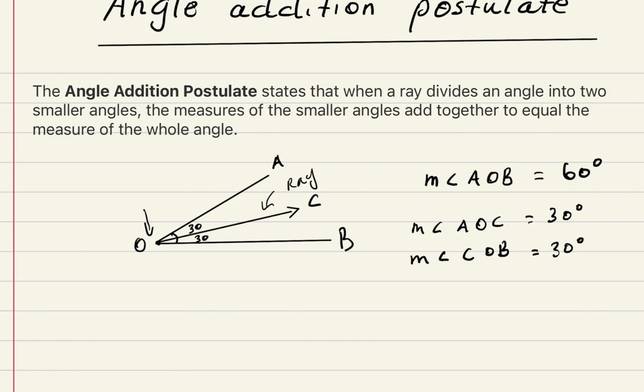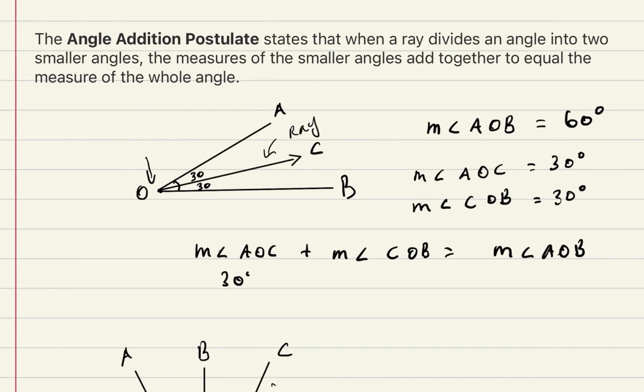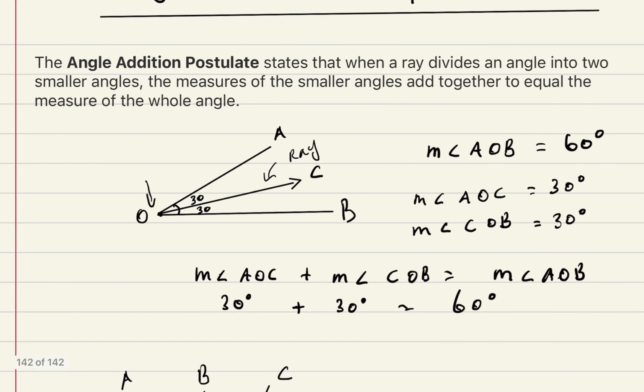So we could say measure of angle AOC plus measure of angle COB is equal to the measure of angle AOB. And what this means, here we have 30 degrees plus 30 degrees, which is equal to 60 degrees. So that's all it is. It's the angle addition postulate.